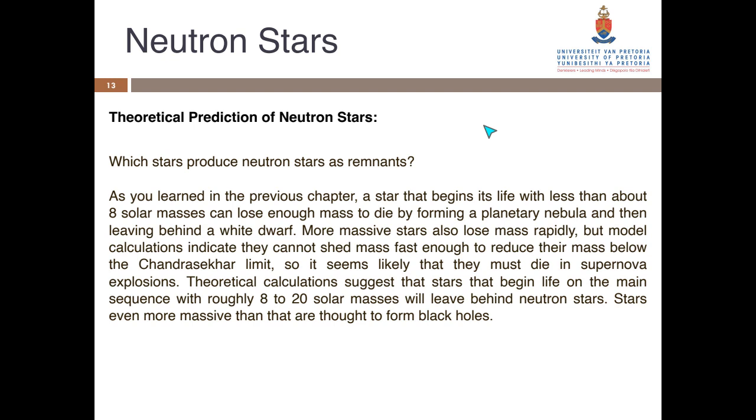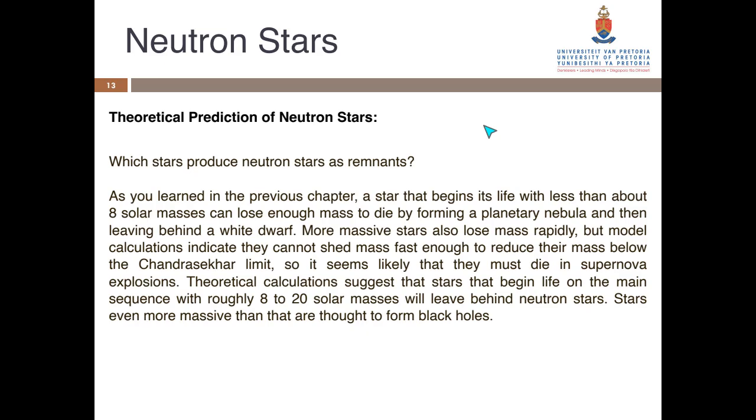As you learned in the previous chapter, a star that begins its life with less than about 8 solar masses can lose enough mass to die by forming a planetary nebula and then leave behind a white dwarf. More massive stars also lose mass rapidly, but model calculations indicate they cannot shed mass fast enough to reduce their mass below the Chandrasekhar limit.